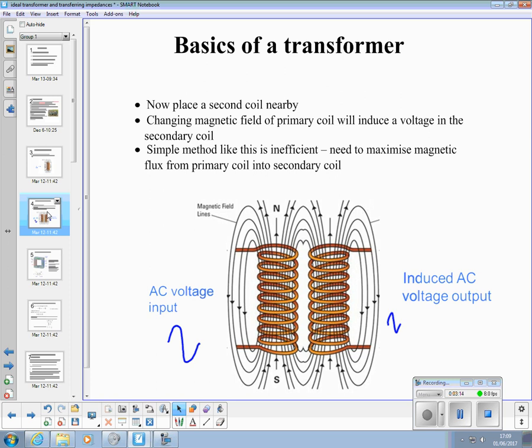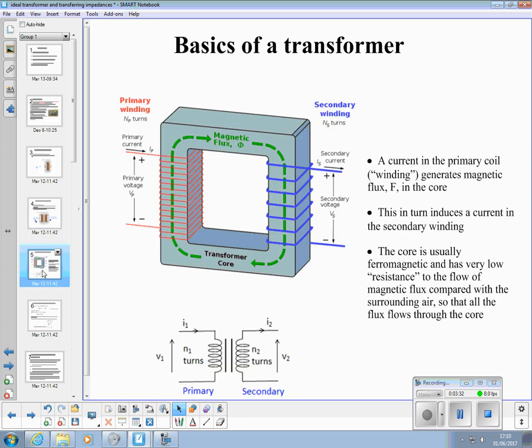A simple method like just putting two coils close to each other would be very inefficient, because you're losing a lot of the field; a lot of it's stray and not coupled. So what we need is a way of improving the linking of the flux.